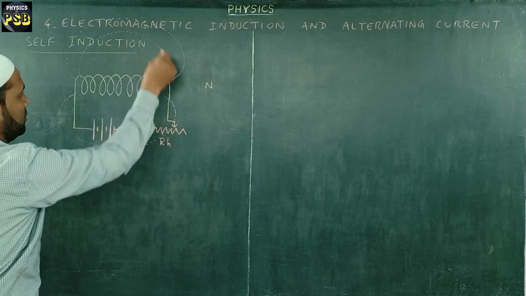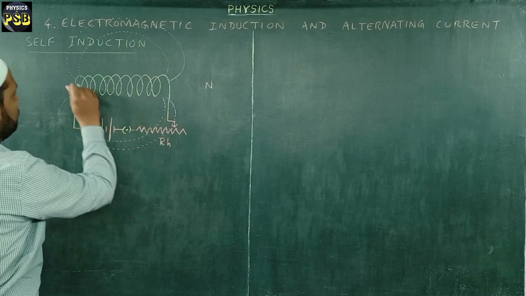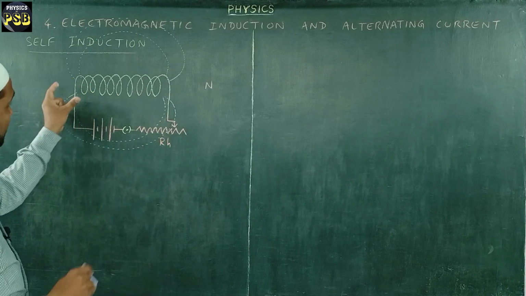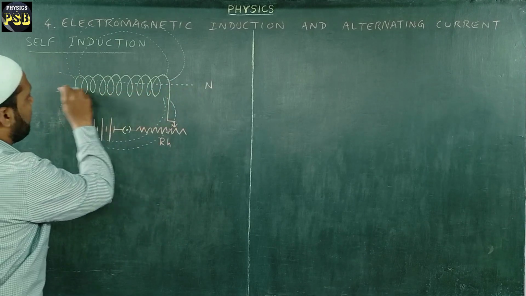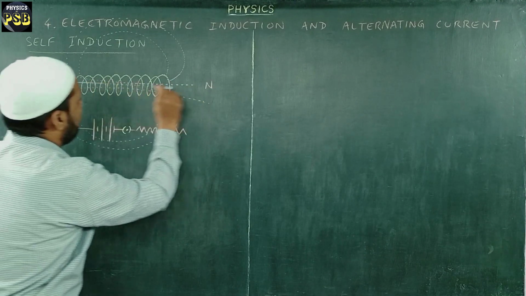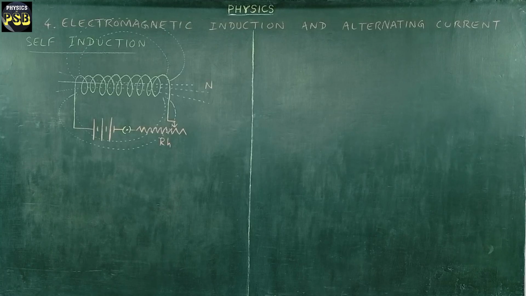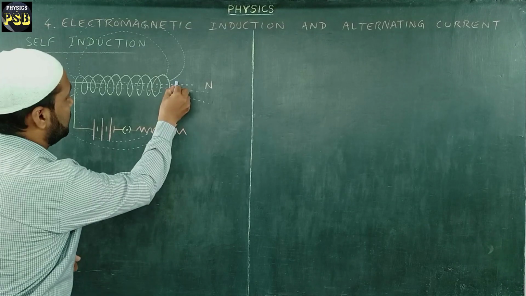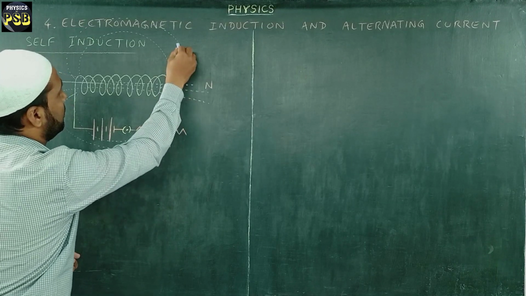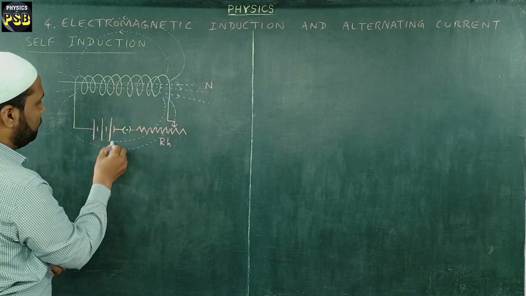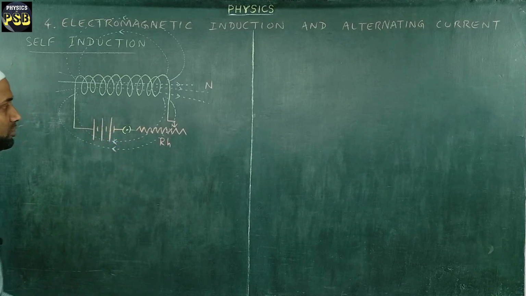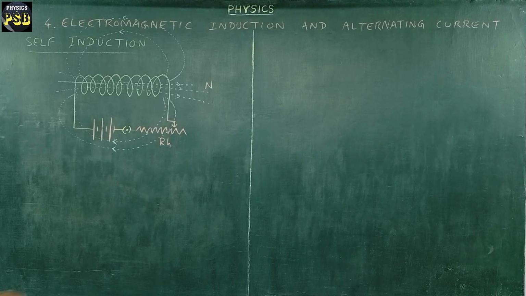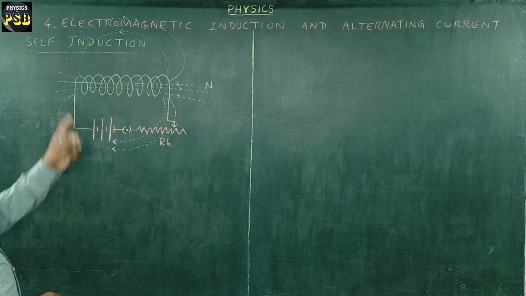And if it is a solenoid, then it will produce a uniform magnetic field along its axis, acting in this direction. So from this it is clear that the magnetic flux is linked with this coil itself.